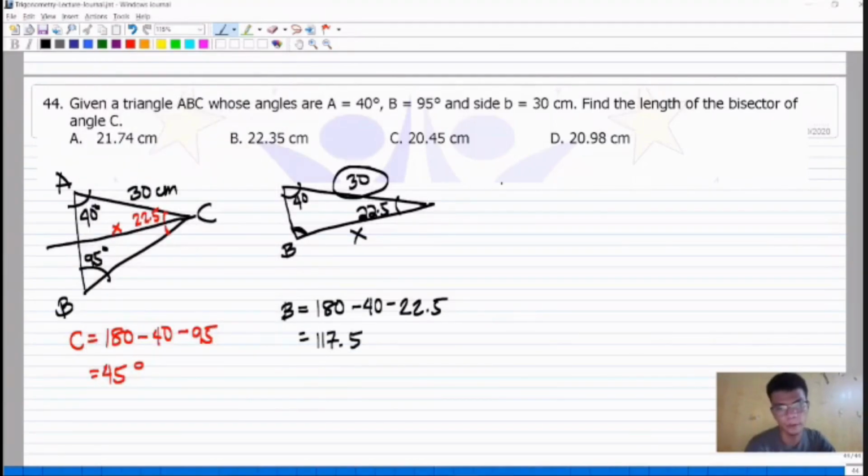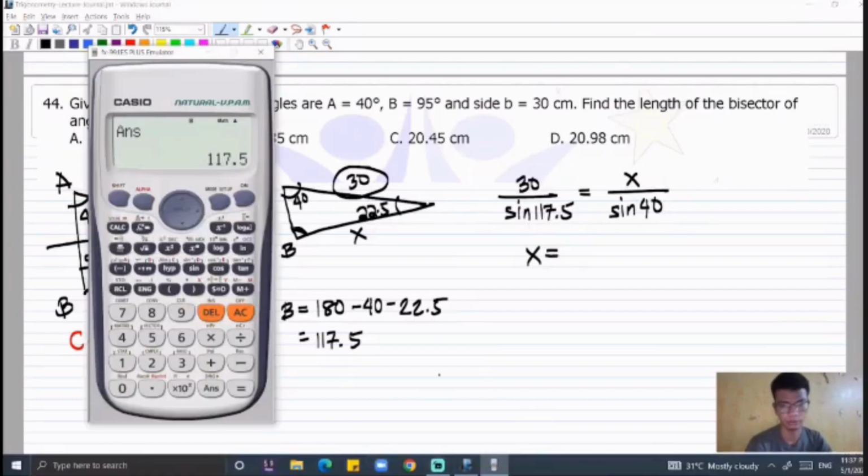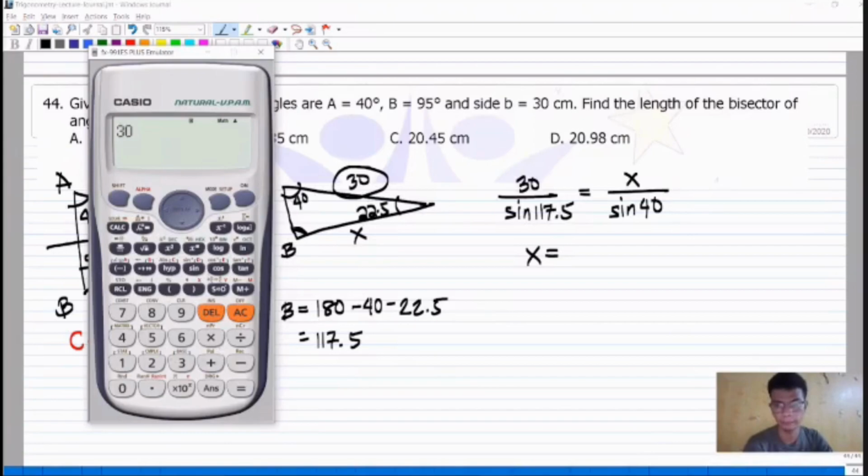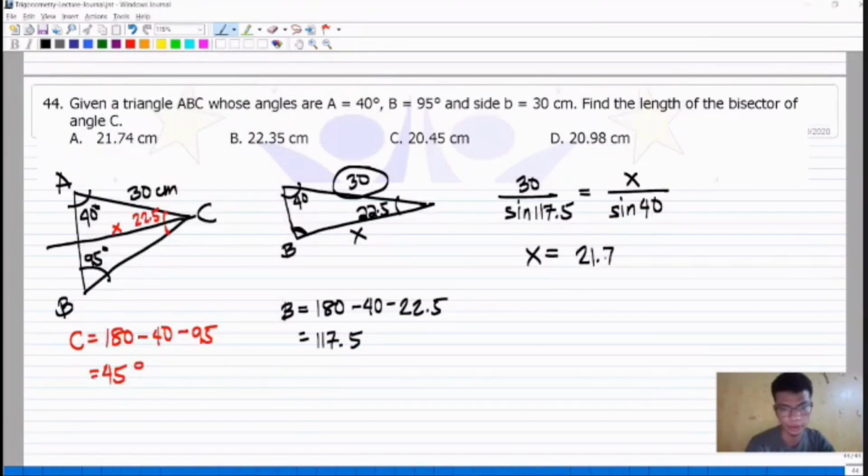So by sine law, 30 over sine 117.5 is equal to x over sine 40, the opposite angle of x. Solving for x, that is 30 sine 40 divided by sine 117.5. The answer is 21.74 centimeters. That is letter A.